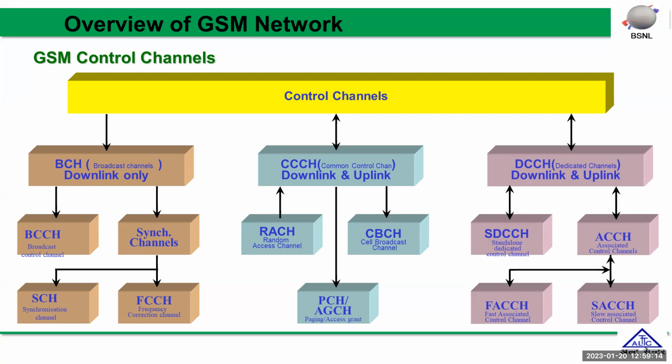SACCH is used for measurement reporting, and FACCH is used for sending handover commands where fast signaling is required. So these are basically the 9 control channels: BCCH, synchronization channel, frequency correction channel, random access channel, paging channel, AGCH, SDCCH, FACCH, and SACCH. We will discuss these logical channels in our GSM network optimization course.